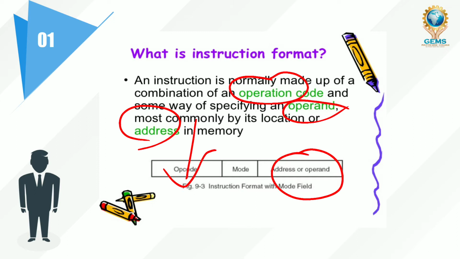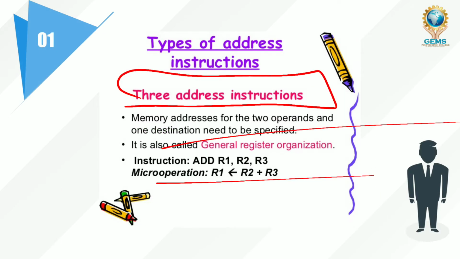This talks about the operation, and the mode talks about where this operand will be available. These all 3 are contained by the instruction register. So remember this one thing: the instruction register or instruction contains the operation, opcode, and address mode.